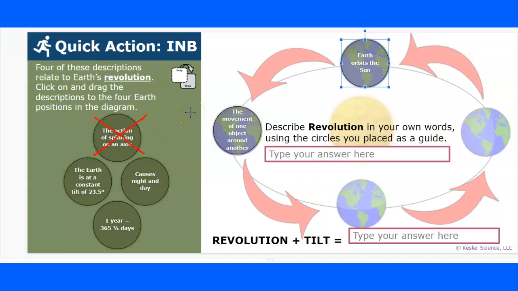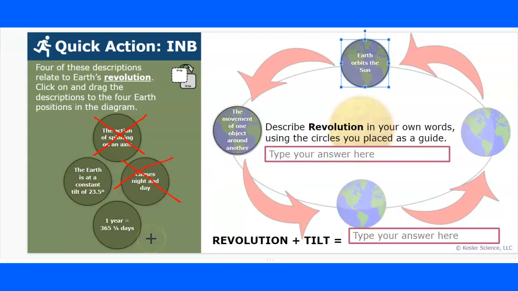The Earth is at a constant tilt of 23.5 degrees. So revolution, as the Earth is going around the sun, it is always tilted at 23.5 degrees. So yes, that is an answer. Causes day and night or night and day. So as Earth goes all the way around, is that why we have night and day? No, this is not why we have night and day.